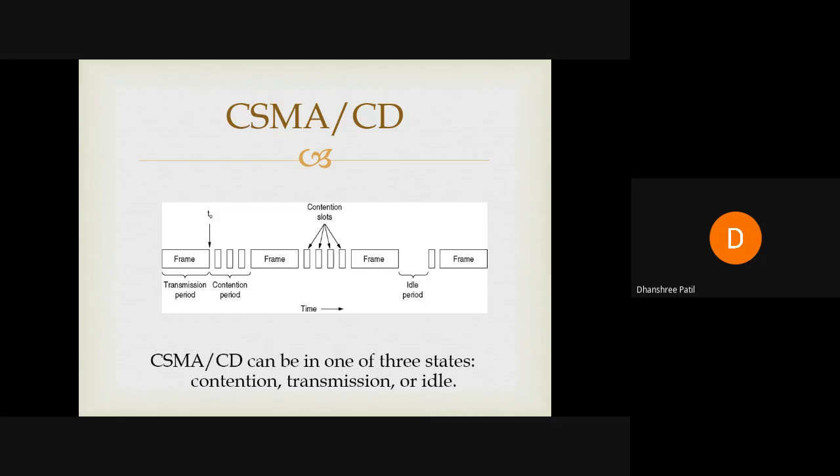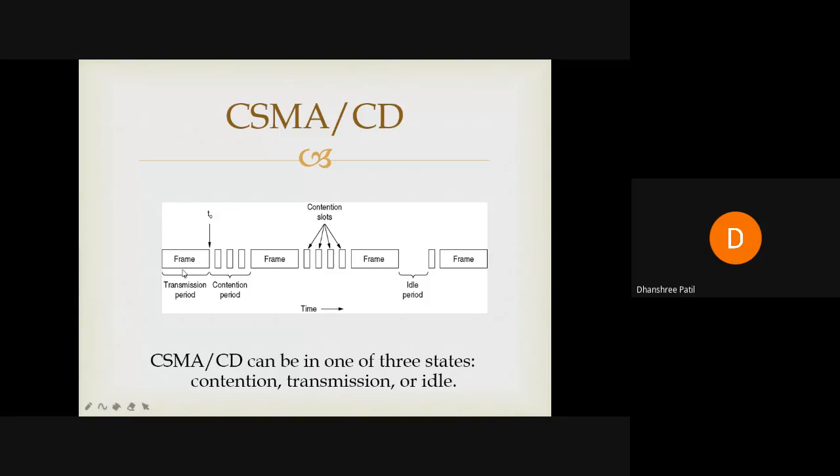This is the point where collision can also occur. Why? Because two or more stations will find this particular t0 time, or this medium, free, and that's why it is called a contention period. Contention period means that here collision can occur or transmission of the frame can also occur. Both are possible.